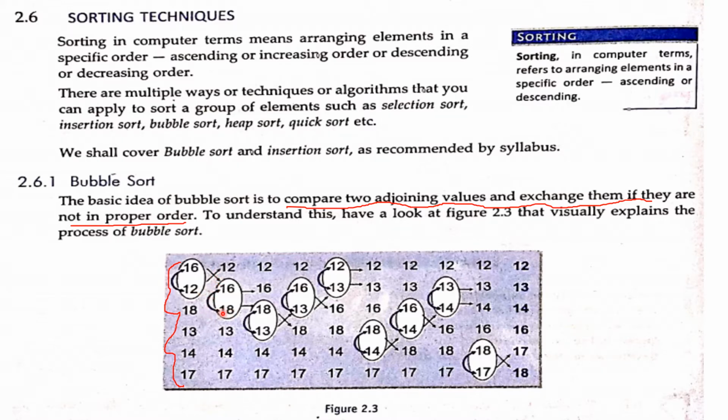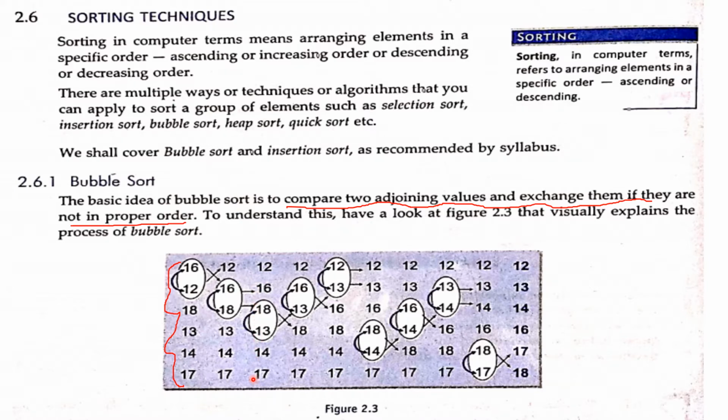There will not be any swapping because 18 is greater and 16 is smaller, so it is at the proper place. So the list becomes 12, 16, 18, 13, 14 and 17.